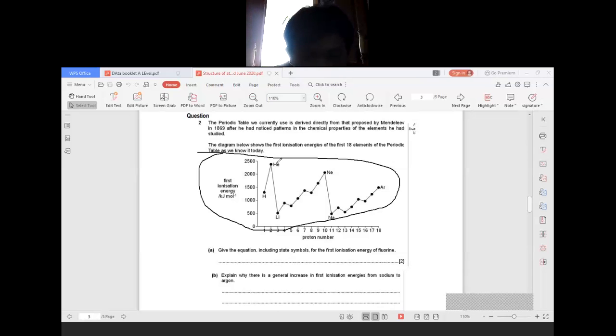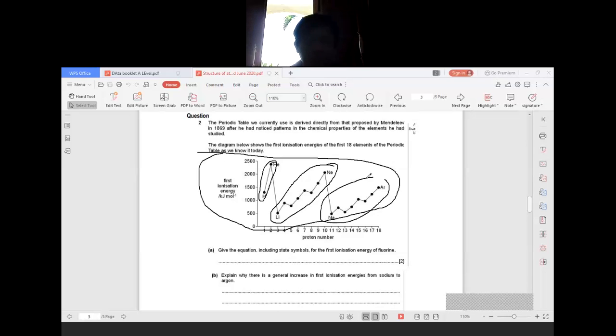This is the first period, this is the second period, and this one is the third period. We see the general pattern across the period is an increase.